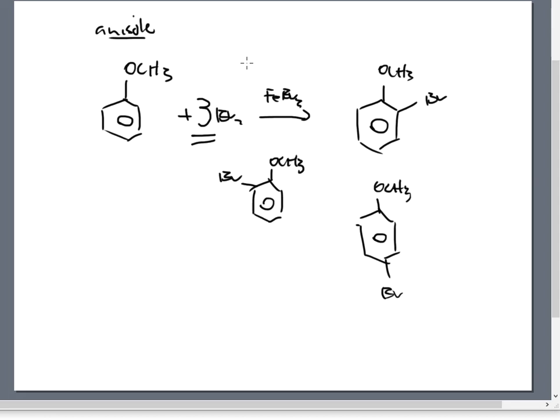Because I've added so much bromine, look at this. This first product that we did, we said anisole was an ortho and a para. Well, if it has so much bromine and more bromine is still swimming around in solution looking for molecules to react with, that anisole is still an ortho and a para director.